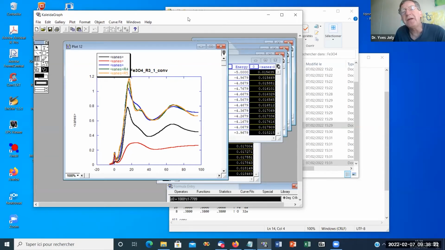But if you make an experiment using high resolution fluorescence mode, you know, HERFD mode, in that way, because you select the energy, you select a thin width in energy in your measurement, you have to decrease this width. So I am going to show how to do that.